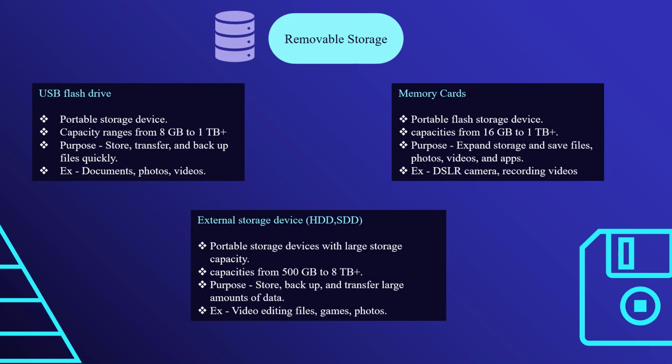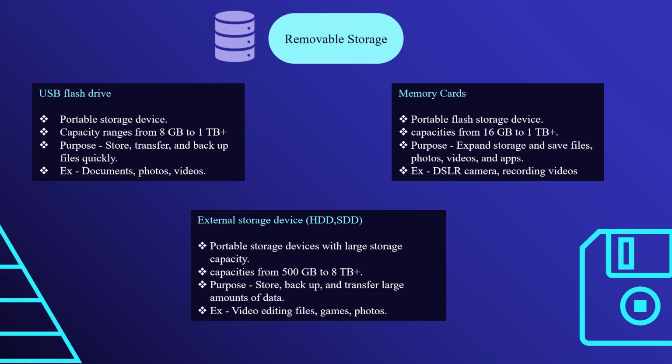Another important category is removable storage, which refers to devices you can easily plug in, unplug, and carry around, right? The most familiar example is the USB flash drive, a small portable storage device with capacities that now range anywhere from 8 gigabytes to 1 terabyte, right? Its main purpose is to store, transfer, and back up files quickly.